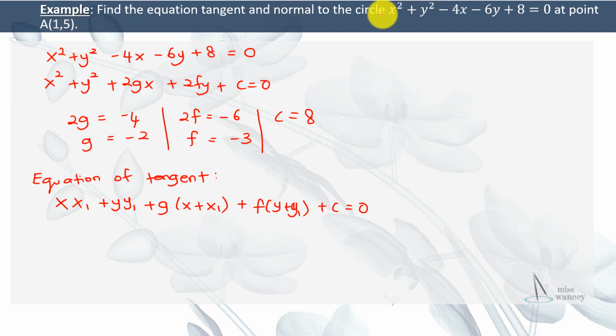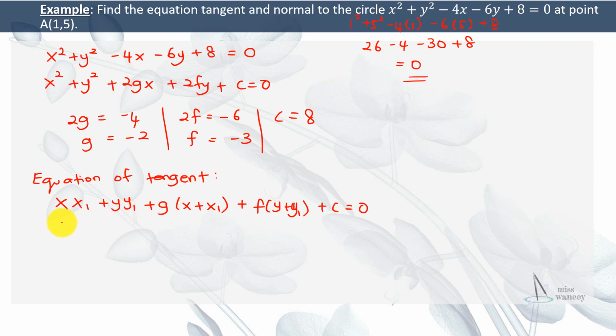You can substitute it into the equation of the circle: 1 squared plus 5 squared minus 4 times 1, minus 6 times 5, plus 8. If we get 0, the point lies on our circle. This is 1 plus 25, so 26, minus 4, minus 30, plus 8. 26 plus 8 is 34, minus 34, exactly 0. That is how I know that point A is exactly on our circle.